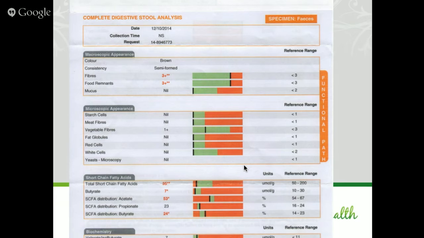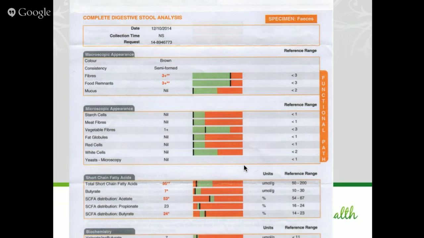Then we go down to the short-chain fatty acids. So short-chain fatty acids are the breakdown products of carbohydrate. So carbohydrate gets pulled apart into a series of smaller little units, and these little units have an association with which breakdown products you've got. So we need to make sure that we've got a nice spread of those, because you want to be making sure that all of the different carbohydrates that you have are being broken down.